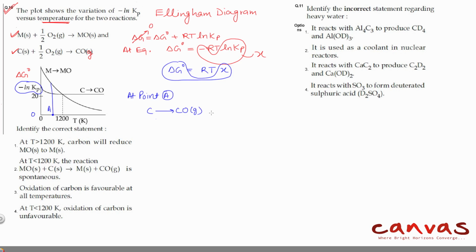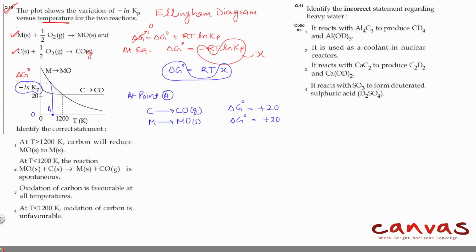We'll just take a rough idea. So delta G naught here, because it is directly proportional to x, will be around plus 20. And since the metal graph is above, metal to metal oxide solid, let us say delta G naught is plus 30.